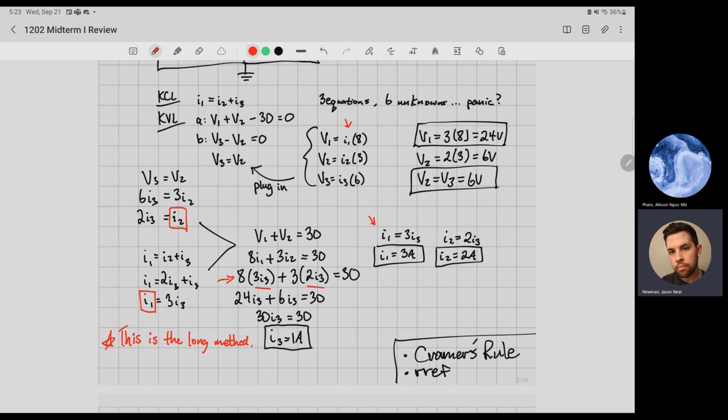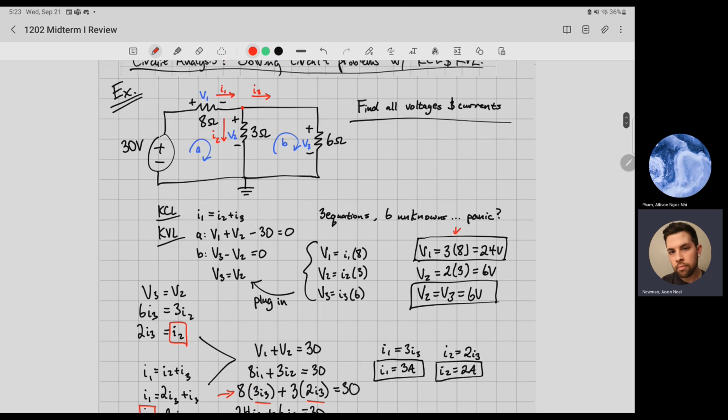So V equals 3 times 8, which is just 24 volts. And then I'm taking this I2, which is 2 amps that we solved for, and plugging it in right here. So V2 is equal to 2 times 3, which is 6 volts. And we know that V2 is equal to V3, so that's just 6 volts also.